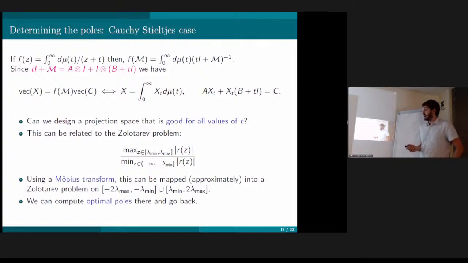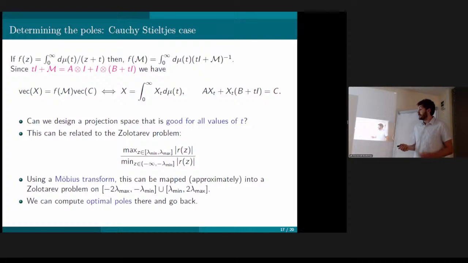If you write down the integral expression of what you are computing, this time in place of the resolvent, you are integrating the solution of a parameter-dependent Sylvester equation, where the parameter t2 only changes one of the two coefficients, for example.